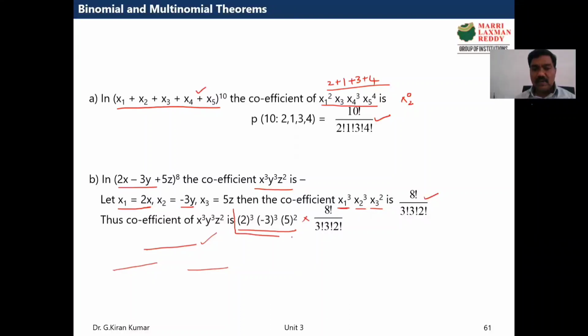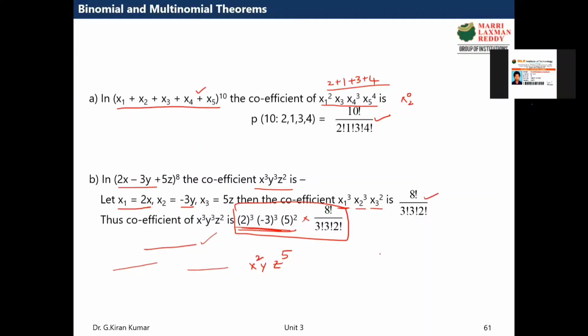So this is the final answer. Now, can anyone tell me what is the coefficient of x square y z power 5?